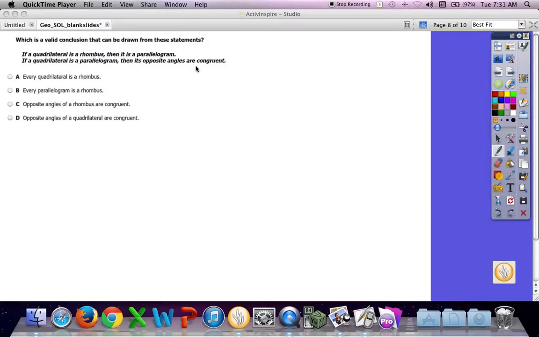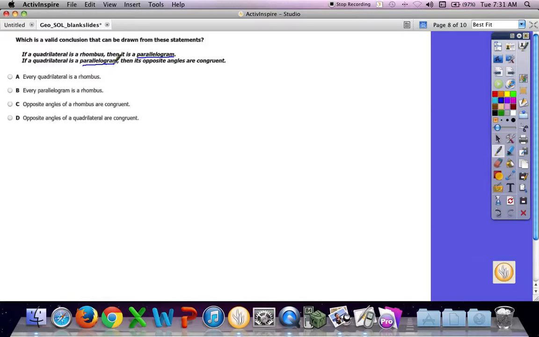Okay, so what does it look like they're trying to do here? It would appear they're trying to link the end of that one to the beginning of that one. I think in geometry, this is the one they call the law of syllogism.